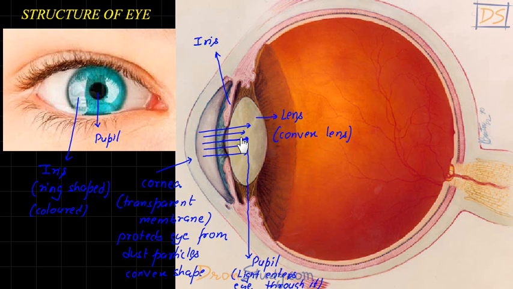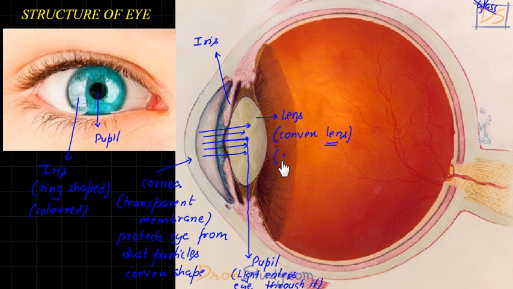So, students, very importantly, inside your eye there is a convex lens. Now, you might be thinking that lenses are generally made of glass, right? So is this lens also made of glass? Definitely no, students. The lens inside your eye is not made of glass.